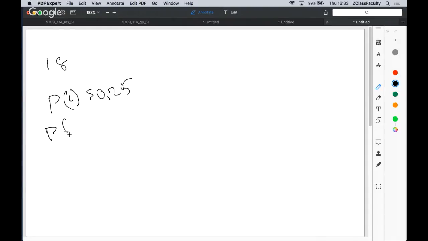The P of a small company is equal to 0.15, and the P of savings is equal to 0.6. The question asks, find the probability that George will buy shares in a small company in at least 3 of these 18 months.